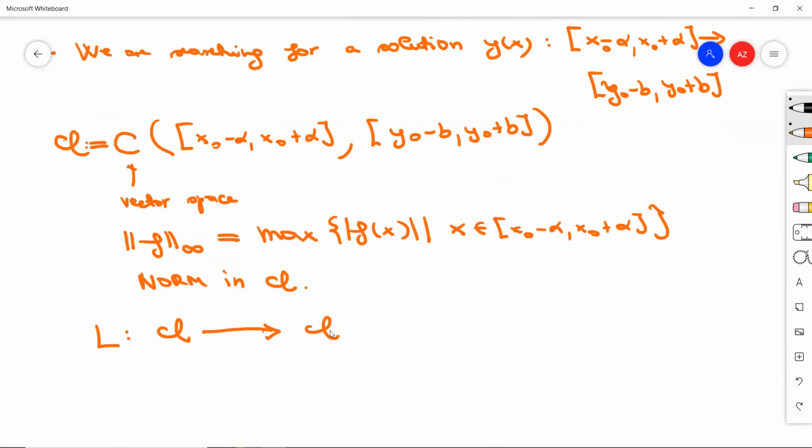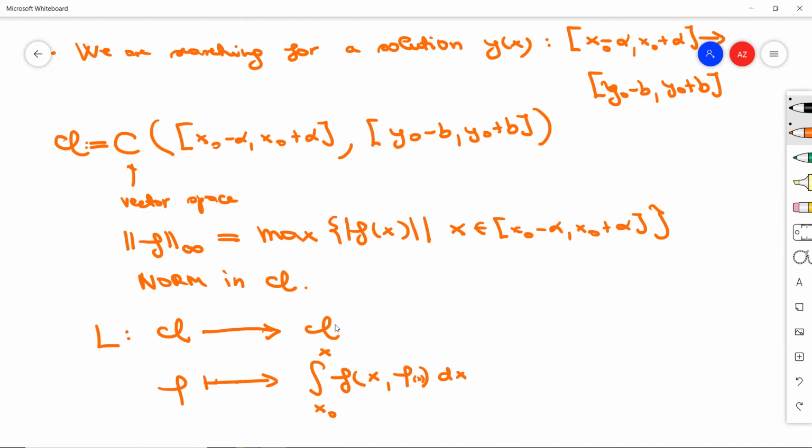So this f in C is mapped into phi. Let's say phi, because f is already used for our function in the differential equation. So phi is mapped into the integral of f(x, phi) dx, and the integral is from x0 to x.